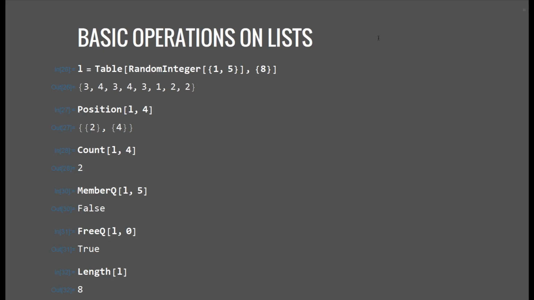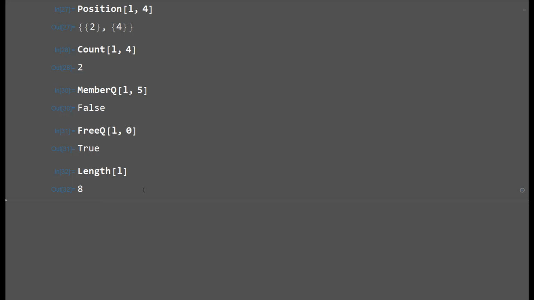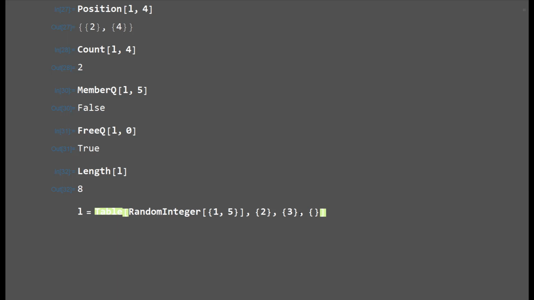Now, I want to give you another random list of elements. I'm going to take the same thing, but now I'm going to change this to 2, so a list of 2 sublists, and then I'm going to change this to 3, and then let's put 4 here.